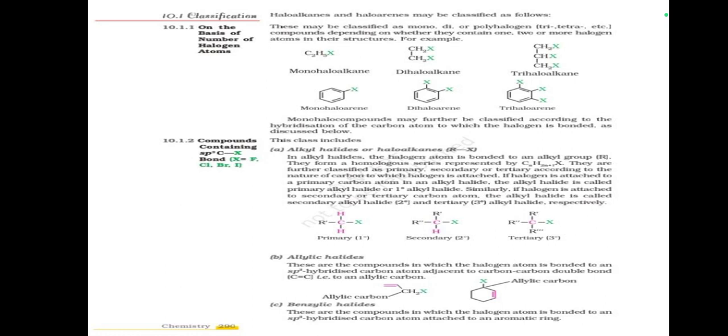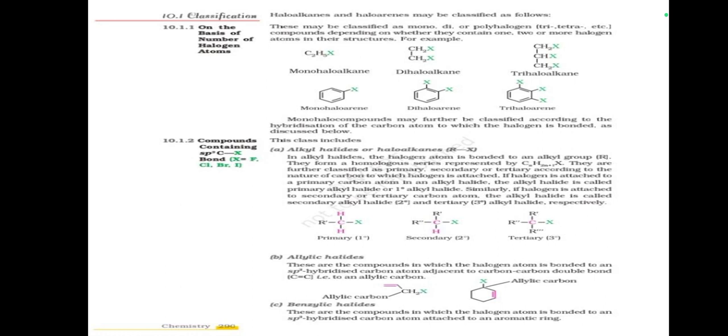These classes include alkyl halides and haloalkanes. In alkyl halides, the halogen atom is bonded to an alkyl group R. They form a homologous series represented by CnH2n+1X, and they are further classified as primary, secondary, and tertiary according to the nature of carbon to which halogen is attached.